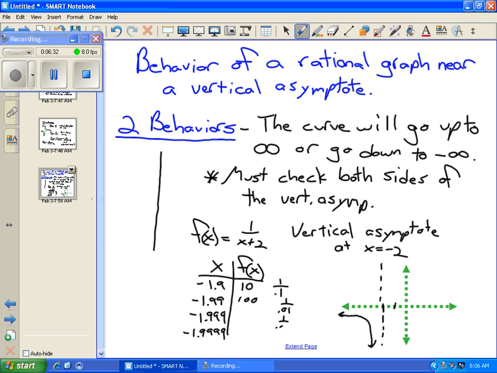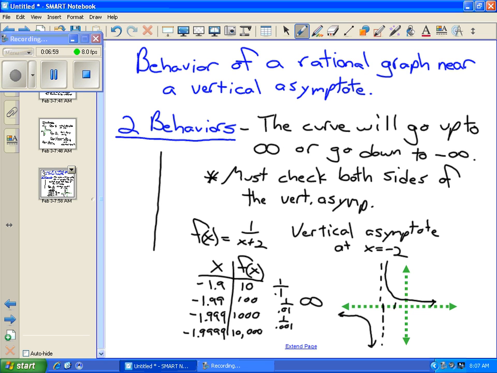So if I do 1 over 0.001, that's 1,000. The next one would be 10,000. If I went further, I'd have 100,000, and it would go on and on and on. These are all positive, and they're going up. So on the right side, looking at numbers to the right of this line, it's going to go up to positive infinity. So it'll look roughly like that.